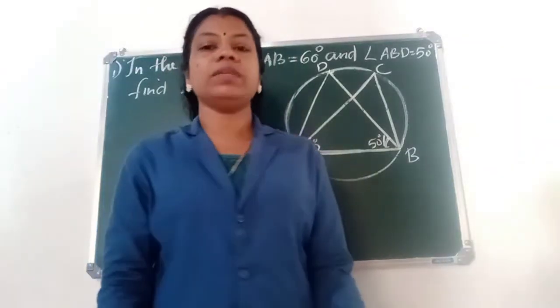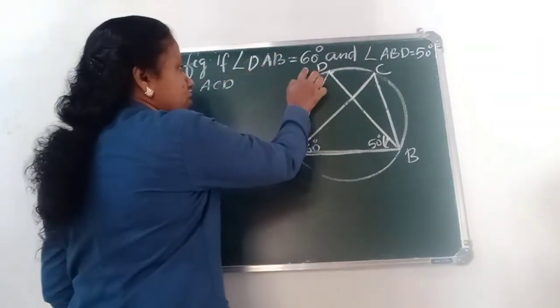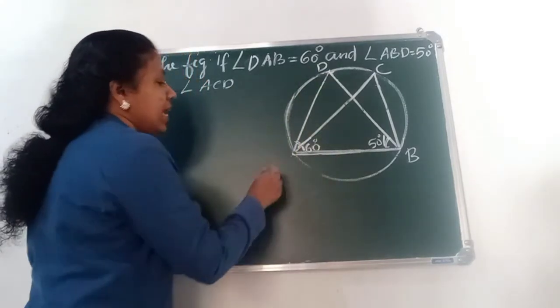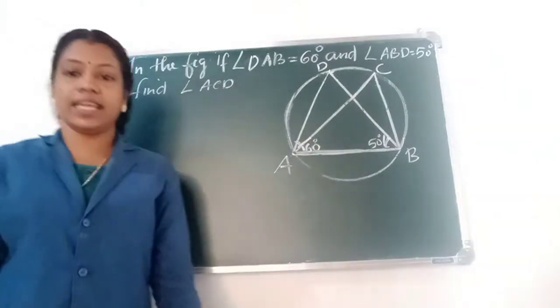First example. In the figure, if angle DAB equals 60 degrees and angle ABD equals 50 degrees, find angle ACD.